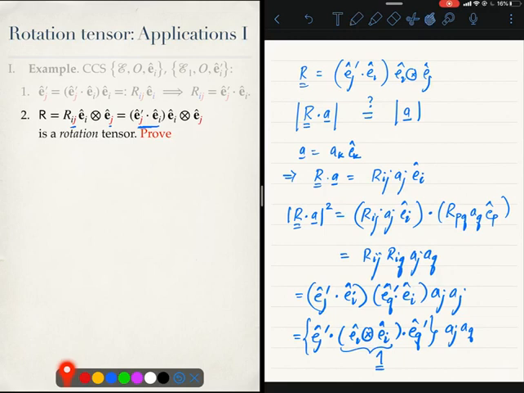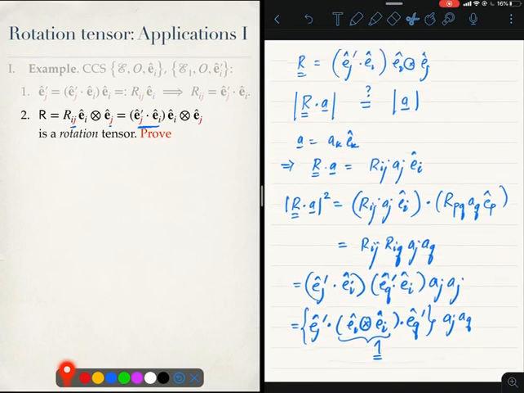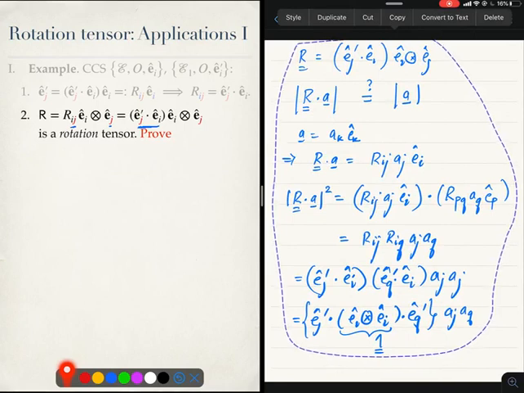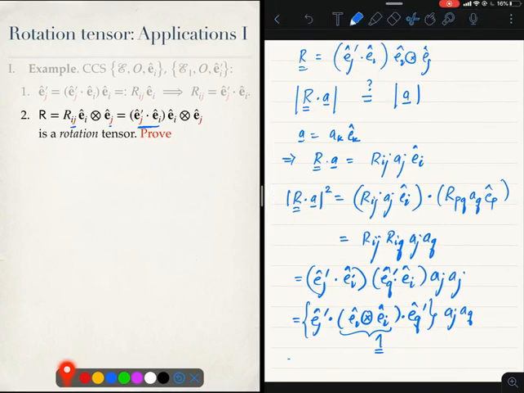I need some space, so I am going to shift all of this up a little bit. So this is really Ej prime dot 1 dot Eq prime, Aj Aq. Now this is simply delta JQ, so this is delta JQ Aj Aq, which is the square of the length of A.